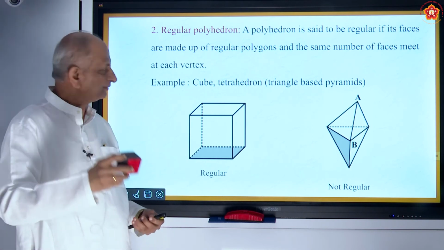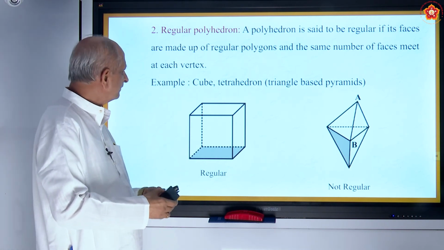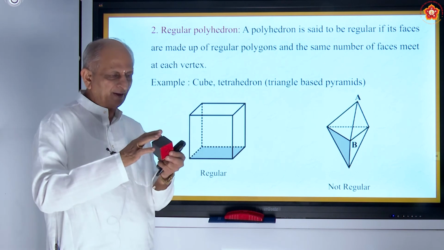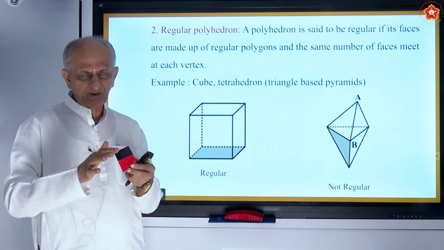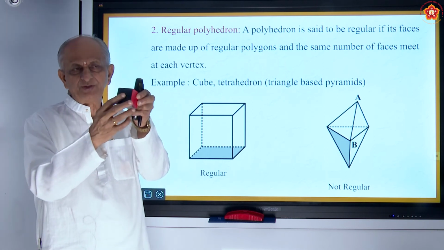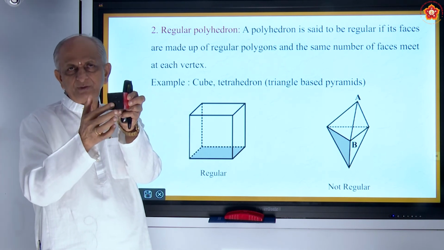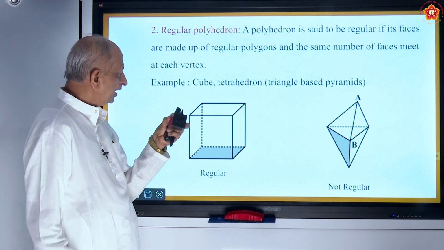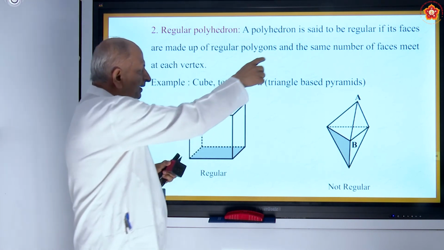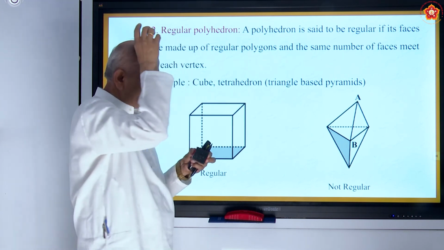Why is it called regular? Because its faces are made up of regular polygons, meaning length, breadth will be the same, and angles are also the same. Also, the same number of faces meet at each vertex.